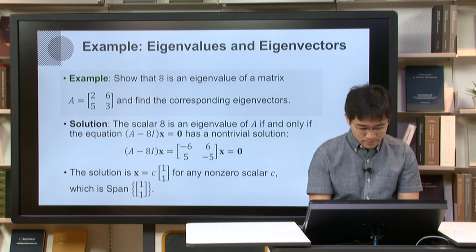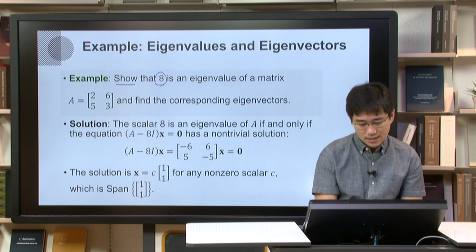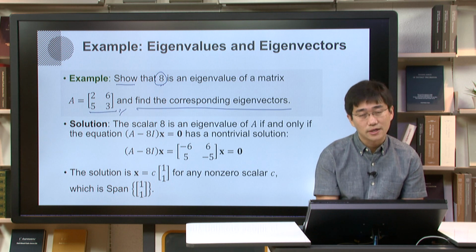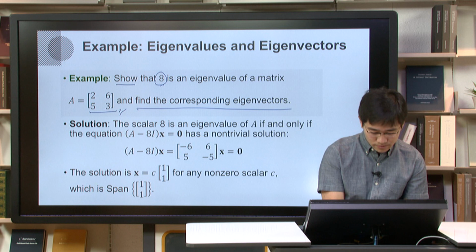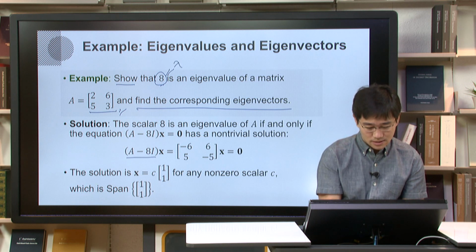Okay, and then let's get back to eigenvalues and eigenvectors. Let's think about this example where we have to show 8 is an eigenvalue of this matrix, and also find the corresponding eigenvector. Let's form A minus lambda I, where lambda is set as 8.